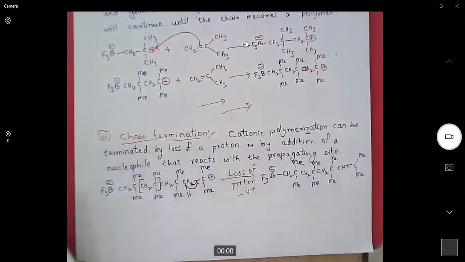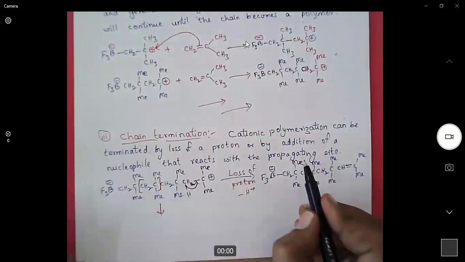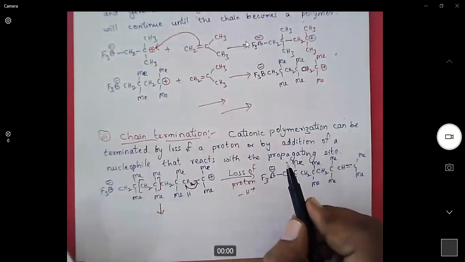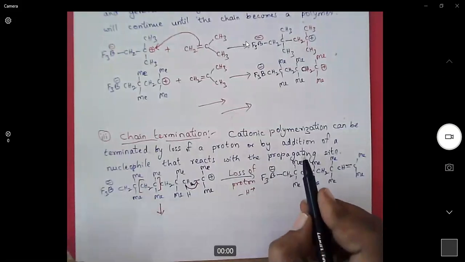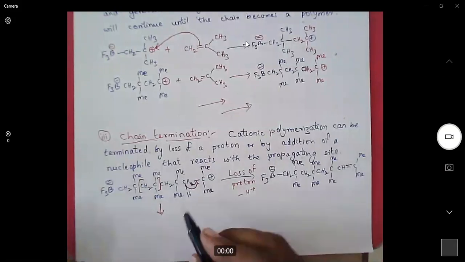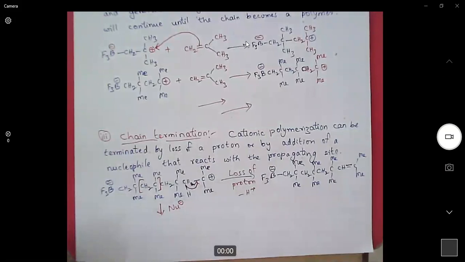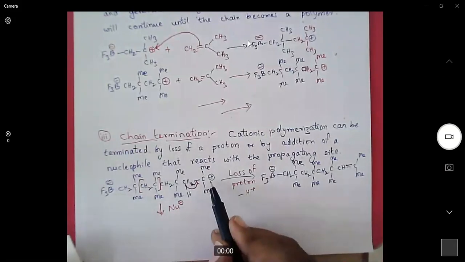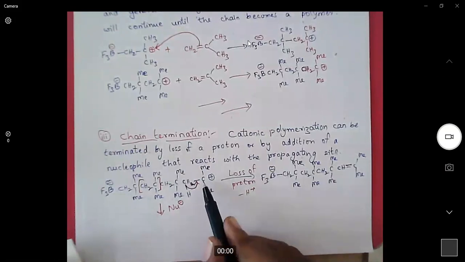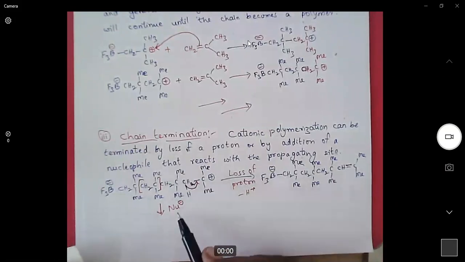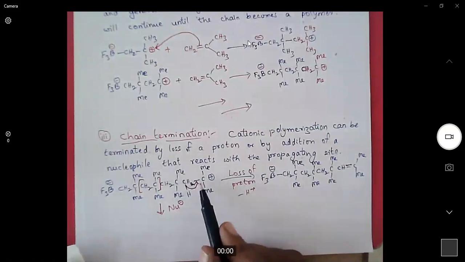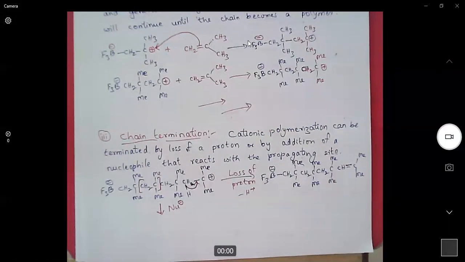And there is another way we can terminate the cationic reactive center: by addition of a nucleophile. So when we add a negatively charged nucleophile, it will add to the carbocation center. It will generate a bond between this carbocation center and the nucleophile so that the carbocation center will be terminated.